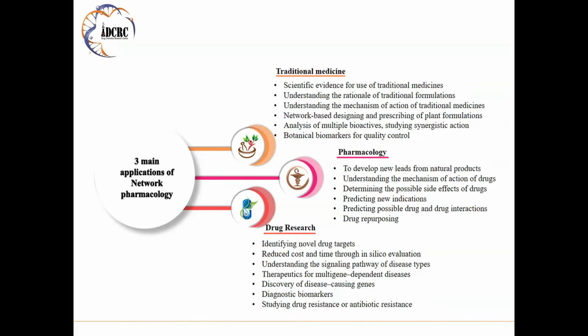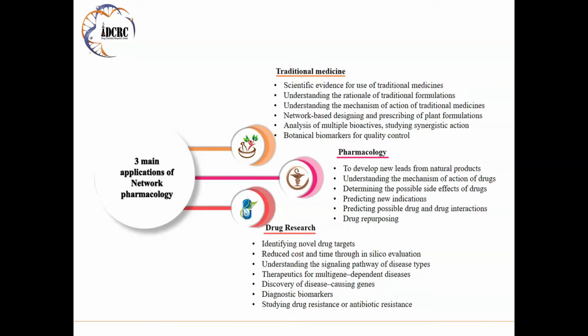But when we make a biological network, if we want to inhibit or modulate a particular target, there can be different paths which can lead to it. There can be various processes which can activate or halt a particular process. So these paths can be identified with the help of network pharmacology.